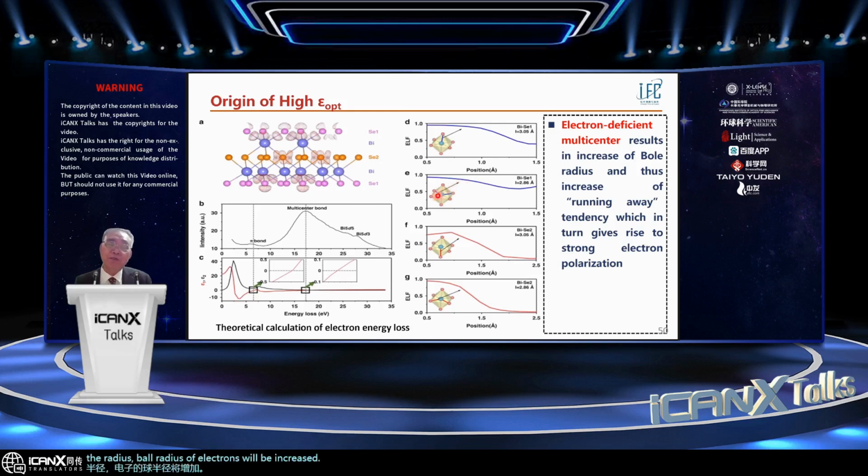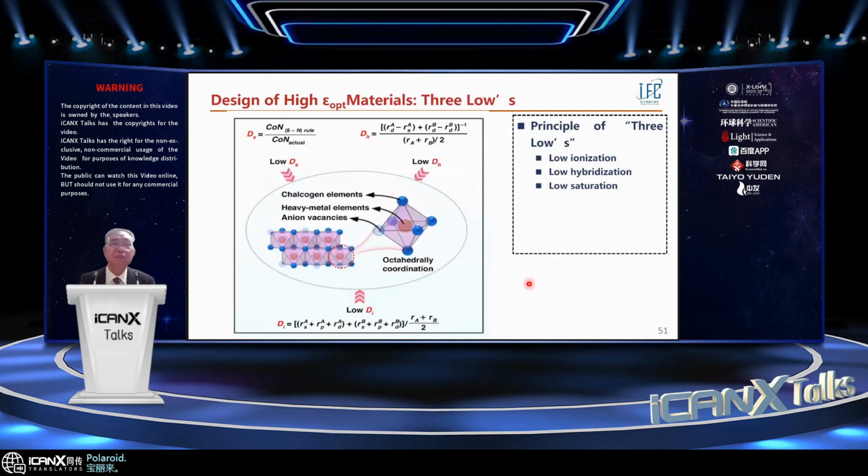When the Bohr radius increases, the electrons get further away from the center. Therefore, the attraction is less, and it's easy to get polarized. Basically, that is what is going on.